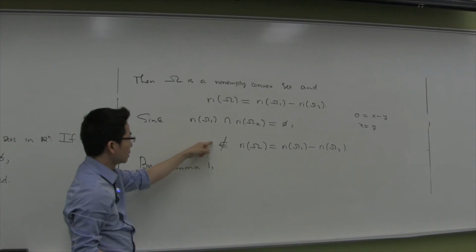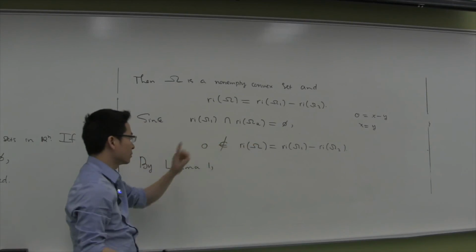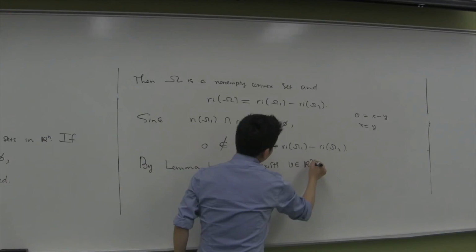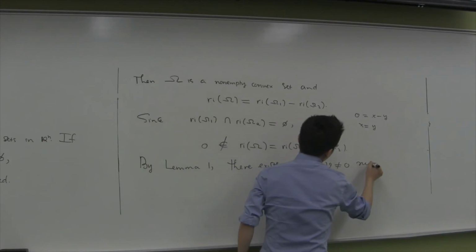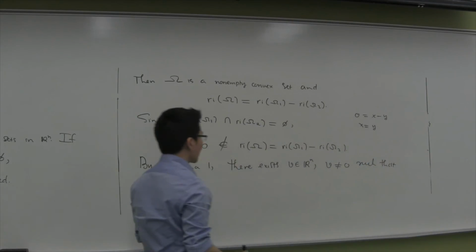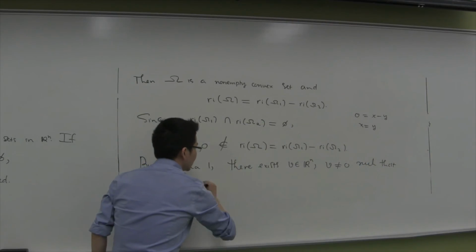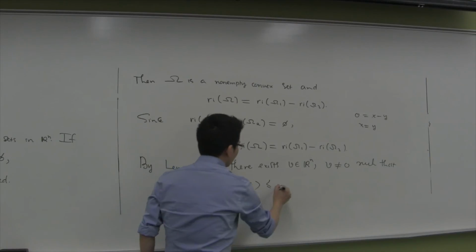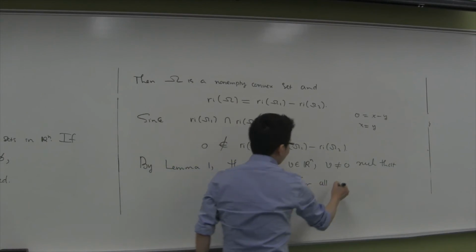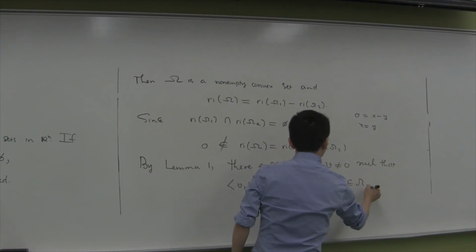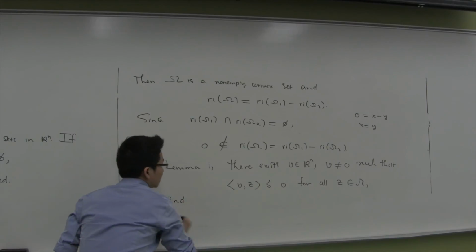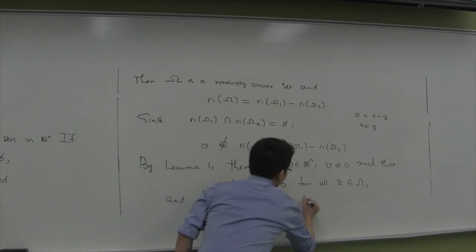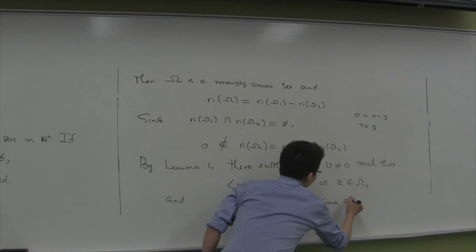Okay, so by lemma 1, applied for the set omega and 0, there exists V in Rn, and V is non-zero, such that the inner product of V and G is less than or equal to 0 for all G in omega, and the inner product of V and G bar is strictly less than 0 for some G bar in omega.